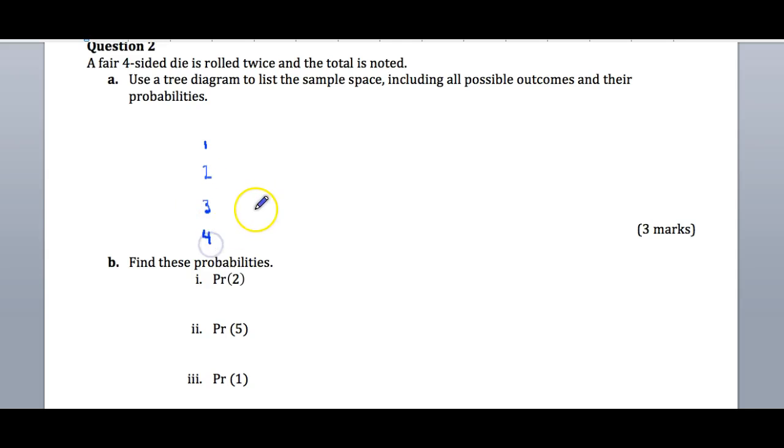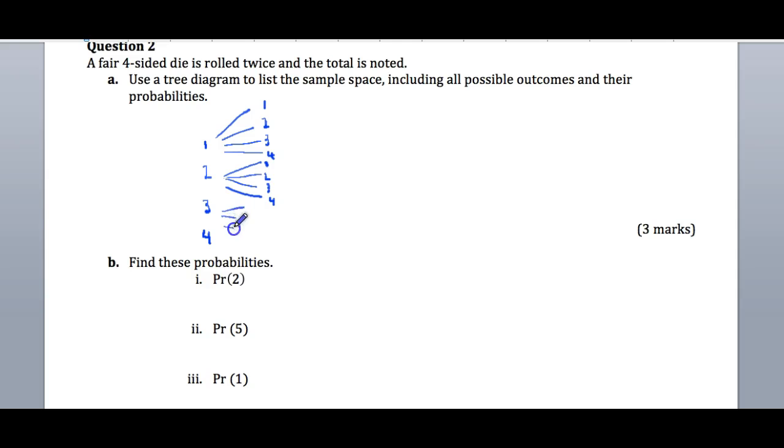Okay, so we've got our different possibilities for the first one, 1, 2, 3, 4, and we're doing a tree diagram. So off each branch, I should have my 4 different outcomes for the second. Now I'm going to definitely run out of space here, but hopefully you get the gist of what I'm doing.